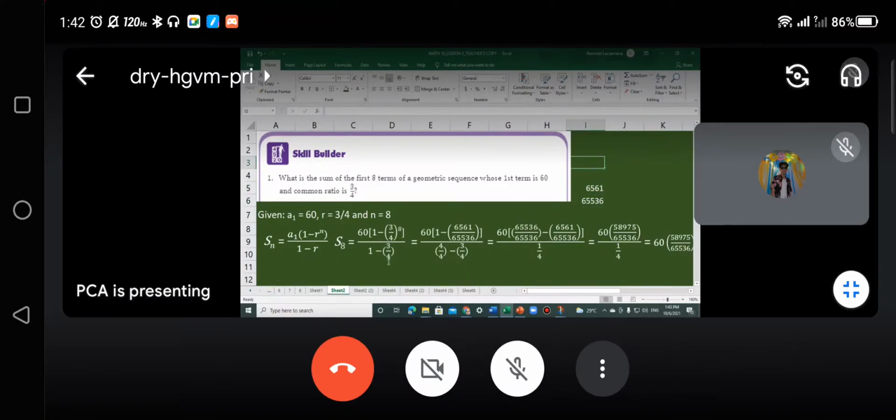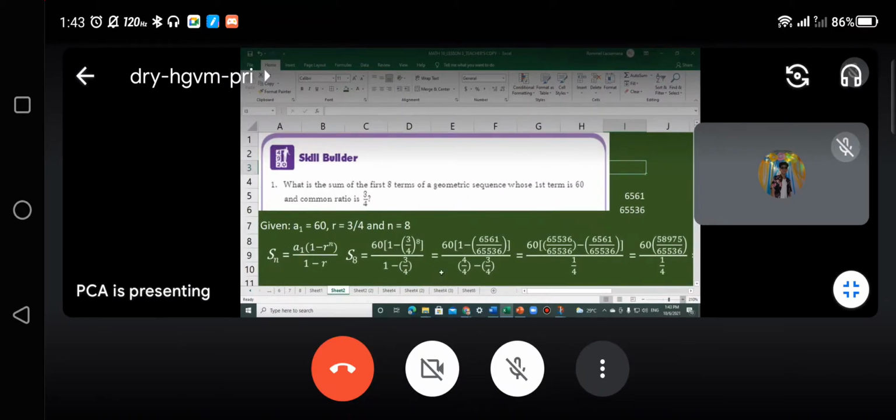And then 3/4. Okay, why is this 4 over 4? Because it's equal to 1. Always remember that. I have the denominator, so I should convert 1 into 4 over 4, because the denominator here is 4. They should be alike, so you can subtract them. 4 minus 3, it's 1.